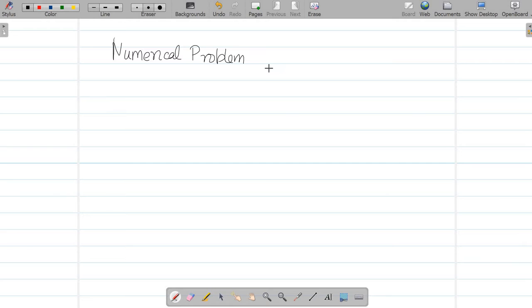We have seen continuous time signals, we have seen discrete time signals, and then we have seen some of the basic test signals under the continuous time category. So we are yet to see the basic signals under the discrete time signals category. So we will take up a few numerical problems now.